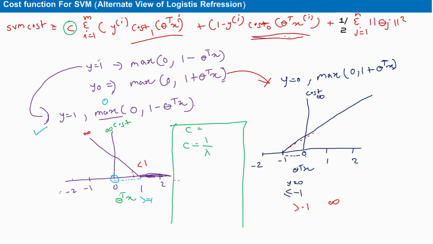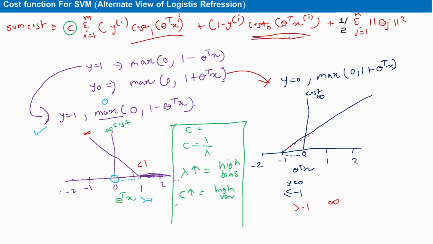In logistic regression, if your gamma is very high, then you are facing high bias. But in the case of the SVM, if your C term is very high, then you will face high variance.